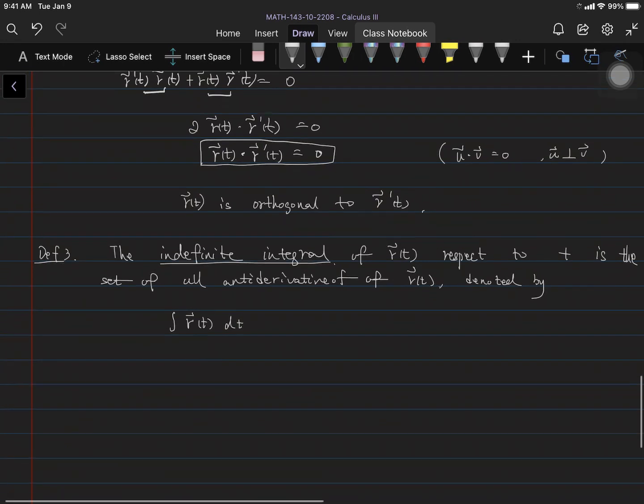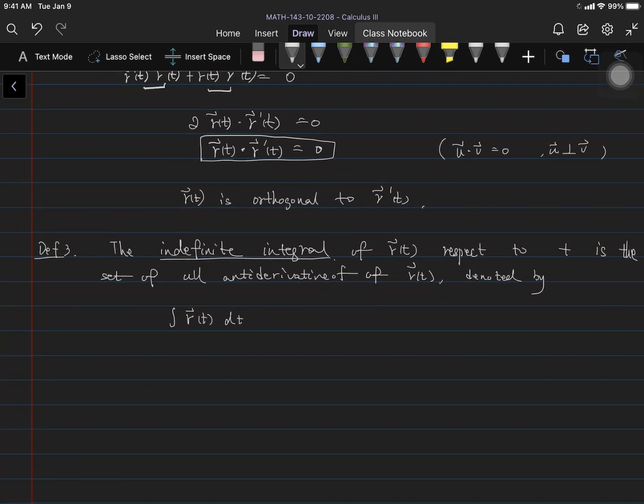In general, if capital R is any antiderivative, then we write this as R(t) plus C, where R is any antiderivative.